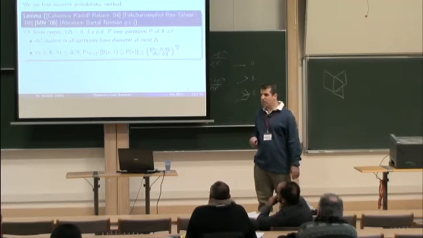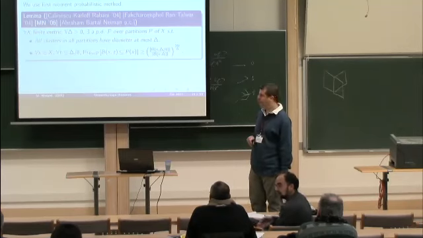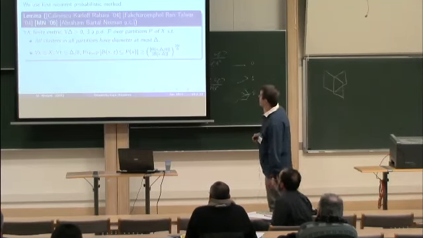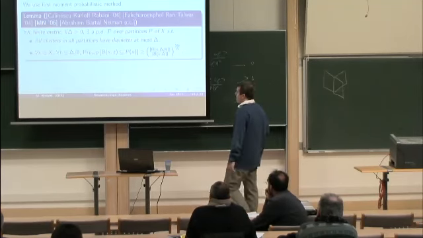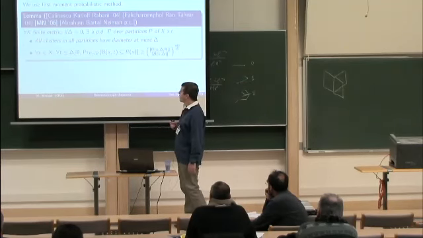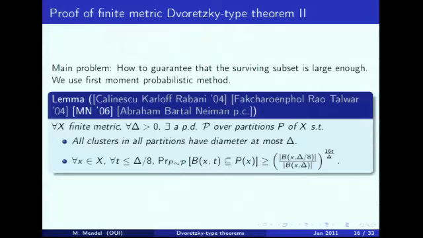All the clusters in the partitions have diameter at most delta, and for every point in the space and for every parameter t, the probability that this point is padded away from the boundary of its cluster by a distance at least t behaves something like this. It's a ratio between two balls of diameter delta and delta over 8, to the power of t over delta.